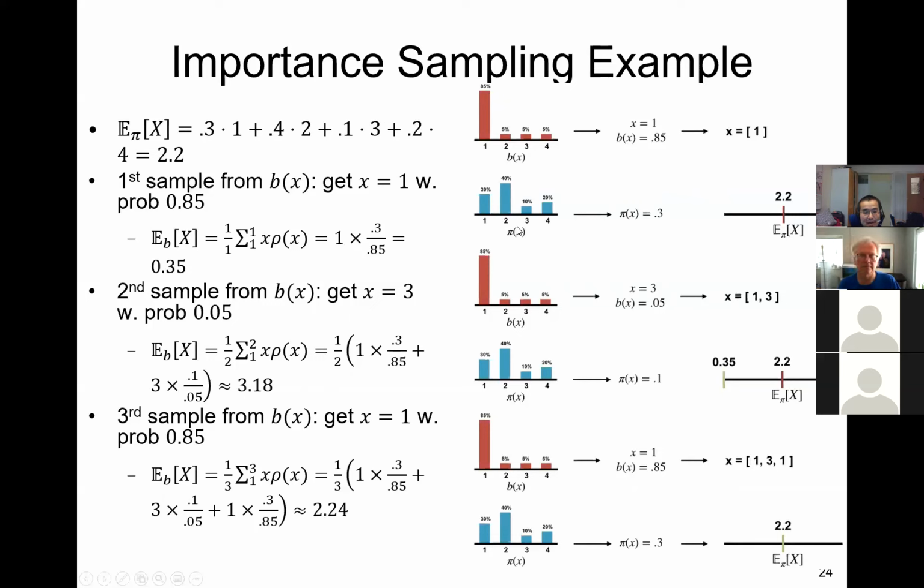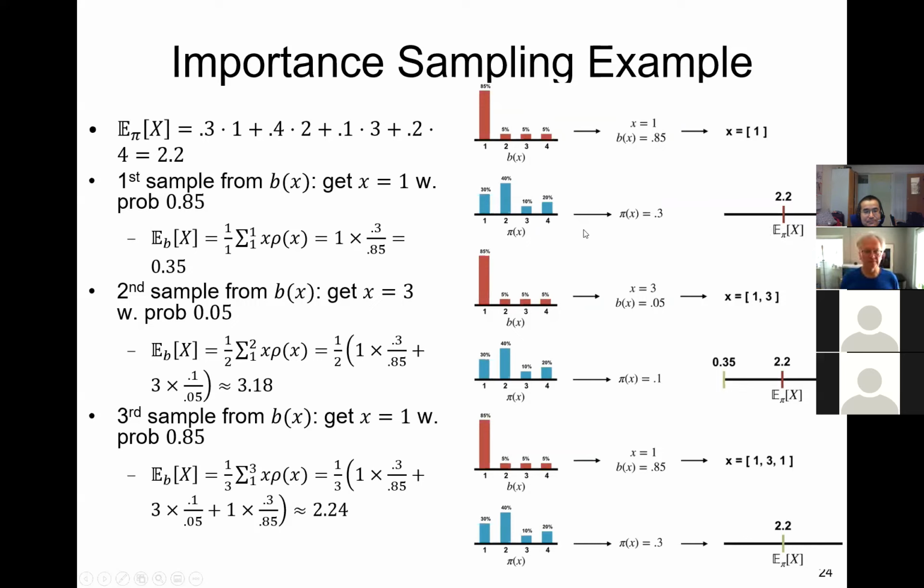And pi(x) is another distribution among the 4 values. You want to compute the expectation of x with distribution pi. We can simply compute it: 0.3 times 1, and 0.4 times 2, and so on. So the expected value is 2.2. That's our ground truth.